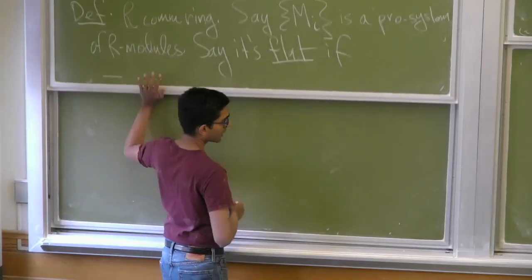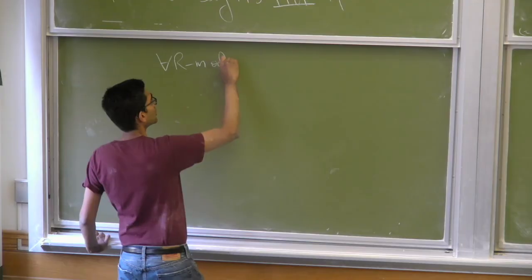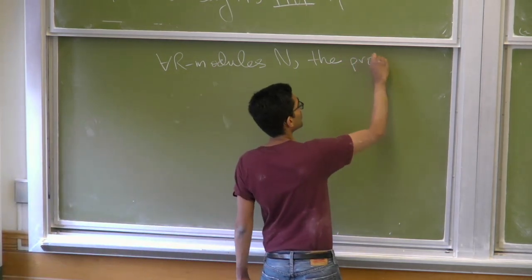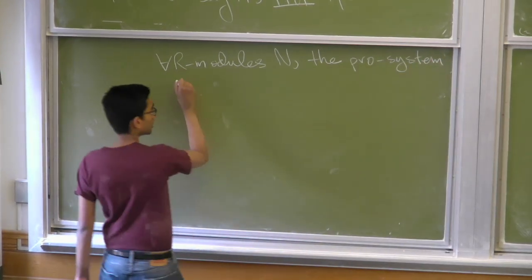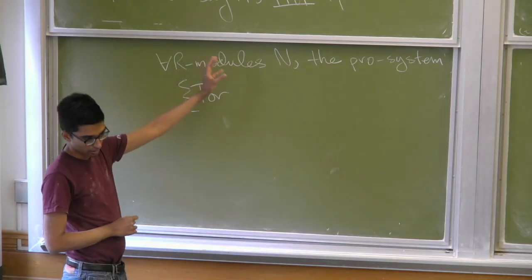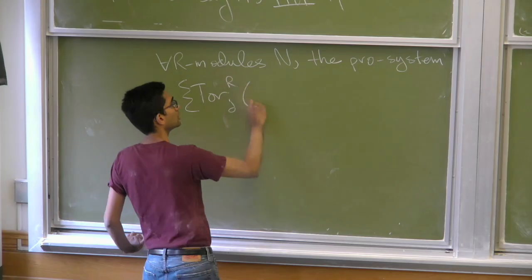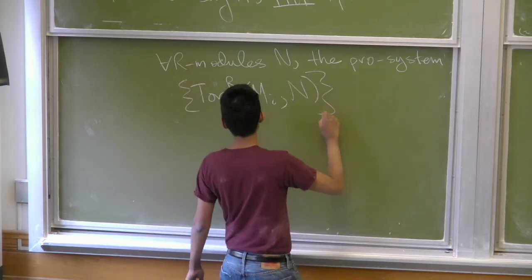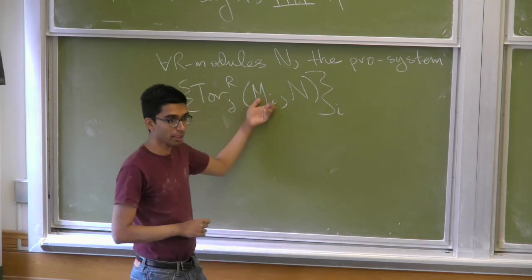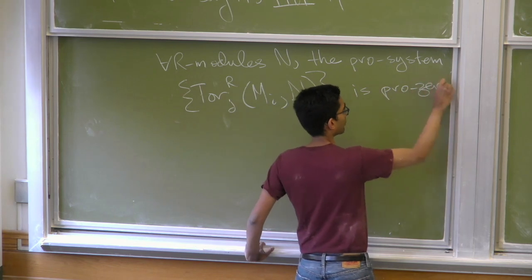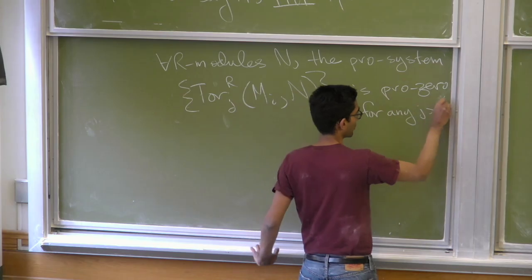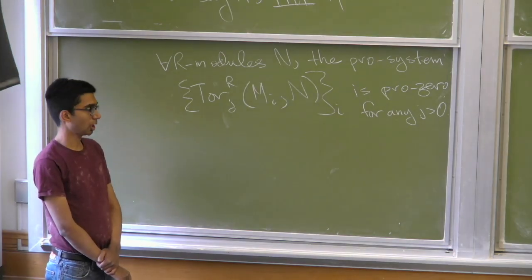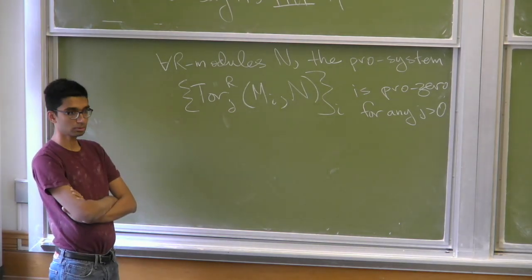The condition is that for all R-modules N, for each M_i I can form the jth Tor group of M_i with N, and this is a pro system in i, and the condition is that this is pro zero for any j greater than zero. Zero is a pro object. Okay.